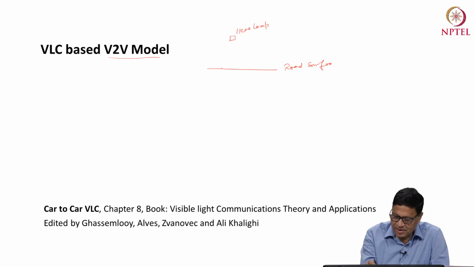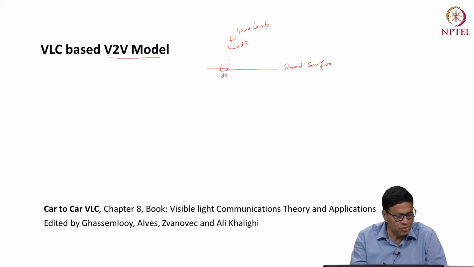And let us consider a small area dS on the road. So this is the solid angle which is getting lighted up here because of the headlamp of the vehicle, and let us denote this as d omega.